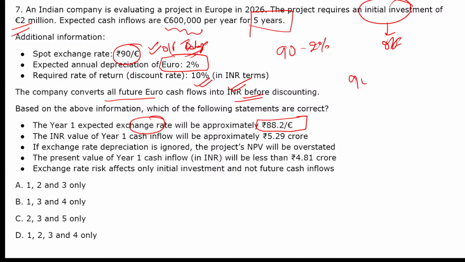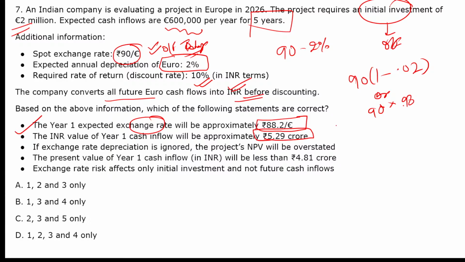How do you find this out? 90 minus 0.02, or 90 into 0.98, right? It will give you the same answer, 88.2. Next statement: the value of INR first year cash flow will be approximately 5.29 CR.